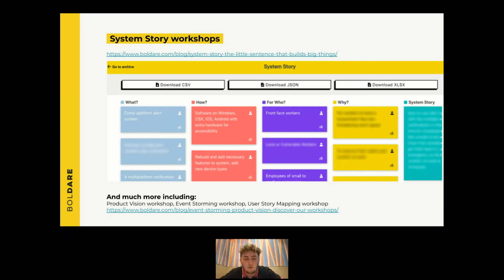So there are these product vision workshops you can see at the bottom of the page, sometimes connected with user story mapping. This is where you actually write down the names of the user stories that will end up in a backlog. Sometimes you use methods like white elephant. You can Google that. This is a method to quickly and roughly estimate at a high level how much it will take.